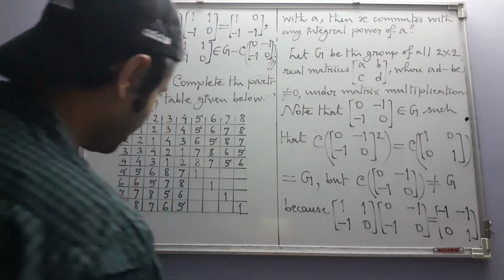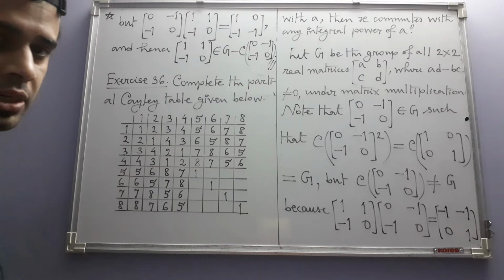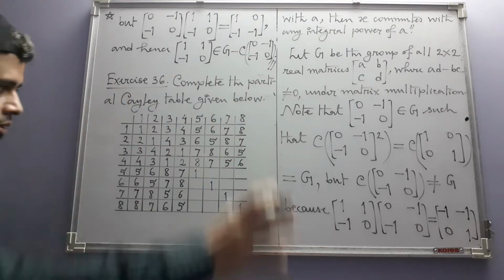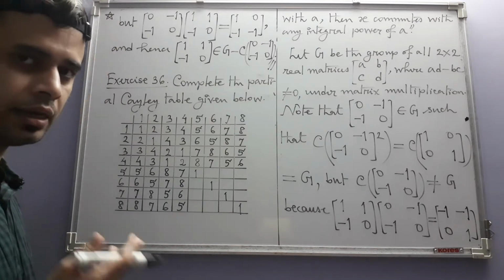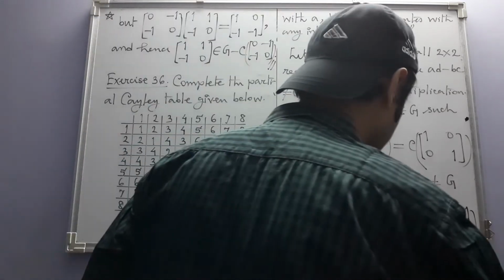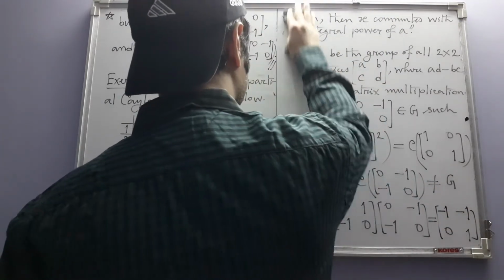And that's it. We have to figure out what these missing elements are, using the fact that this is going to be the Cayley table of some group. We are not going to draw the table once more.